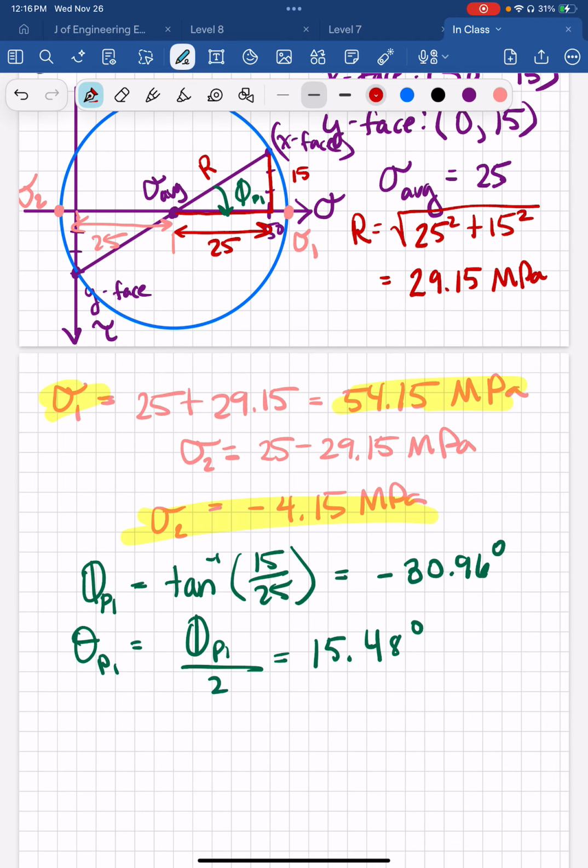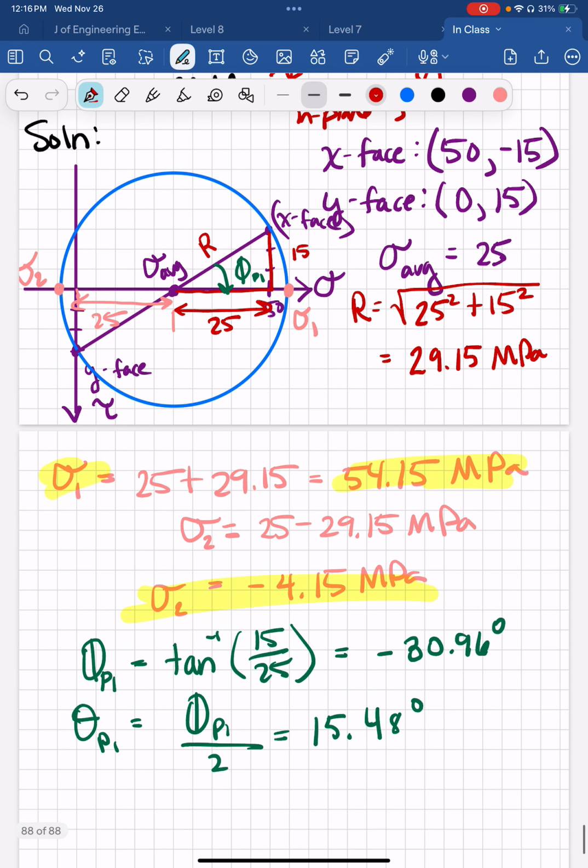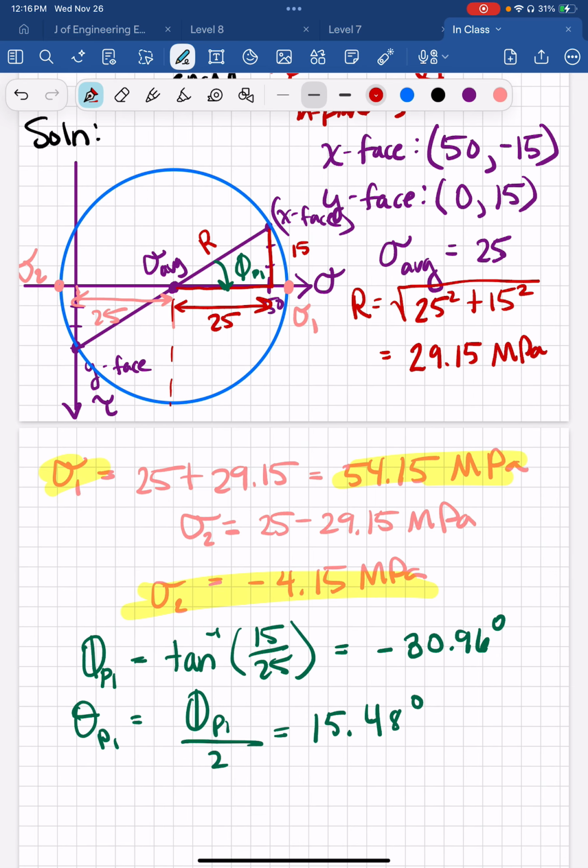Theta P2 is just going to be this angle here. So it would be from this, or sorry, from this one all the way over to there. That would be that theta, or phi P2.